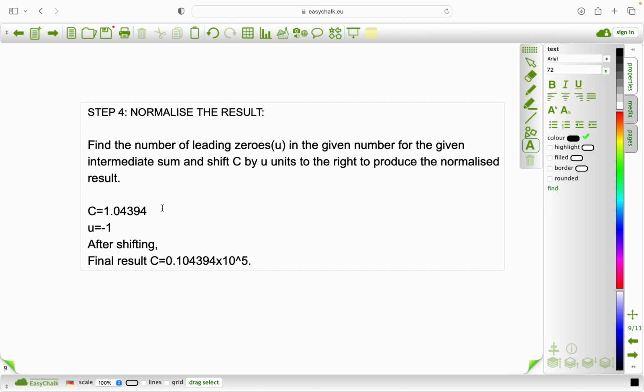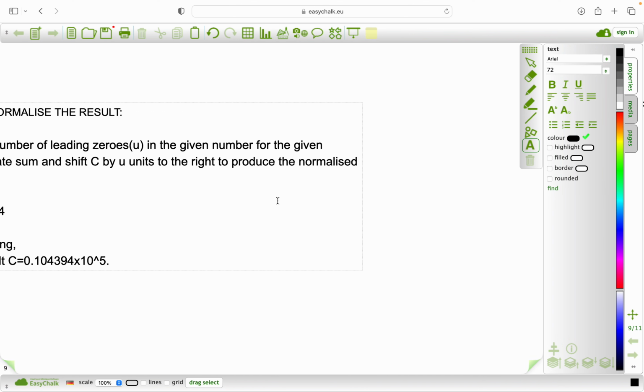So if we shift by -1 units, we're going to get this value, that is 0.104394 into 10 power 5, because after shifting we have to also increase the exponent value by those units. Okay, so we are also changing the exponent value, and these are the 4 operations that we are going to conduct.